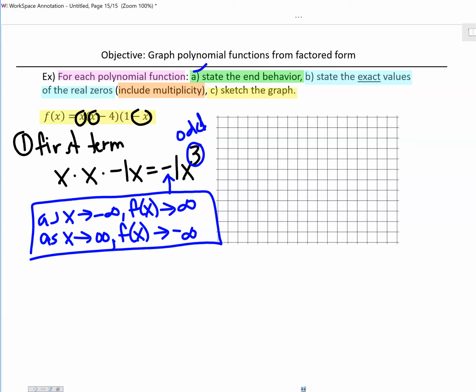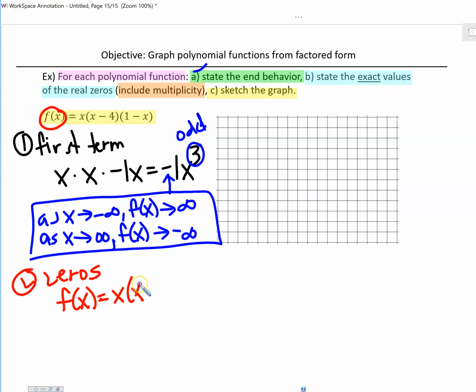Now part B, we want to figure out what our zeros are. So for my zeros, I am going to use my zero product property. So remember, zeros are found when our y, which is our f of x, is 0. So I'm going to rewrite the function here, and I would recommend you do that in your notes also. So we let y be 0.